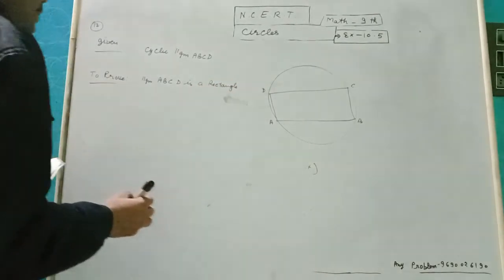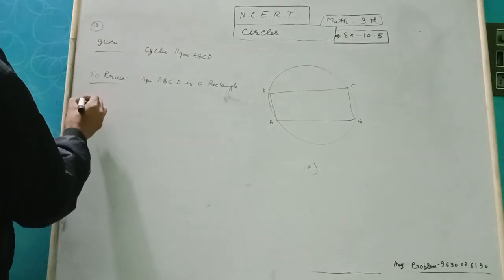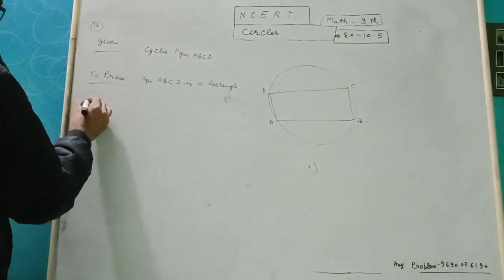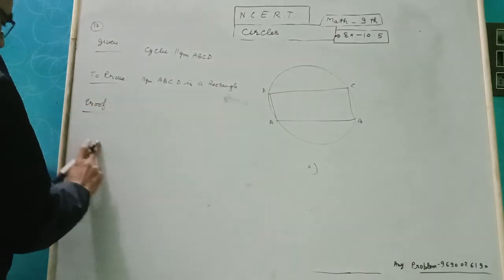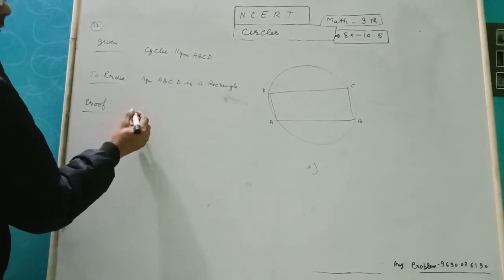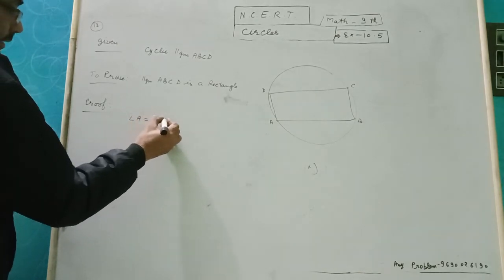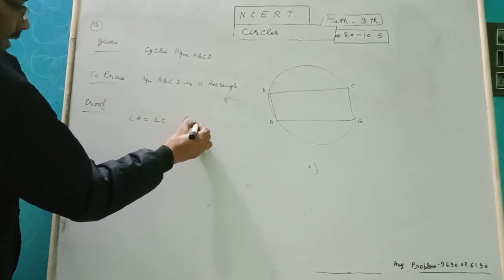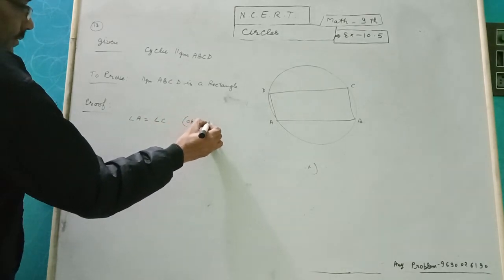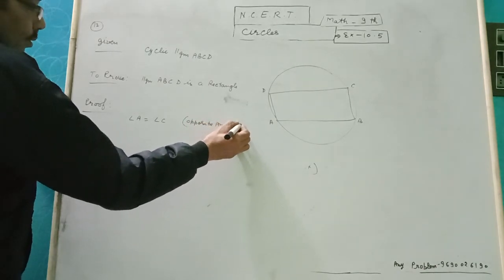To prove a rectangle, each angle should be 90. Proof: angle A is equal to angle C, opposite angles of a parallelogram.